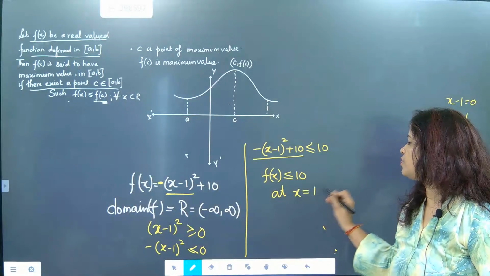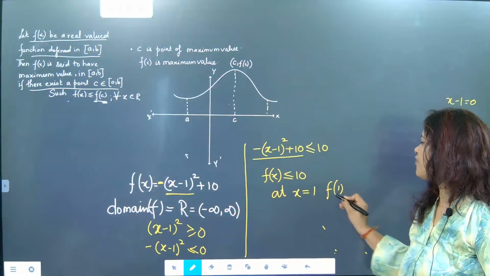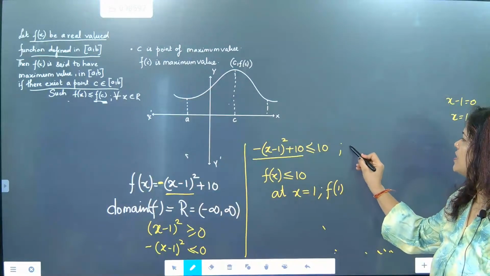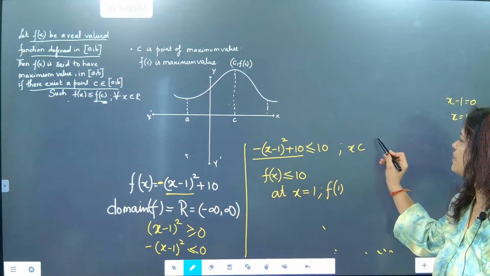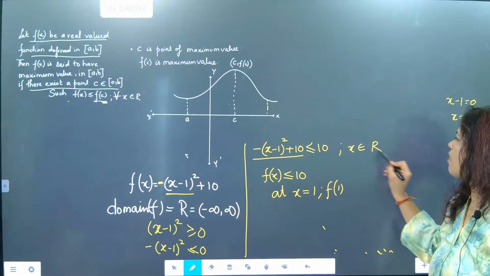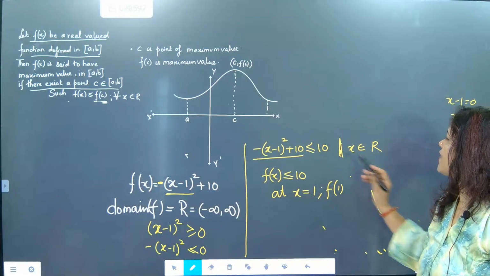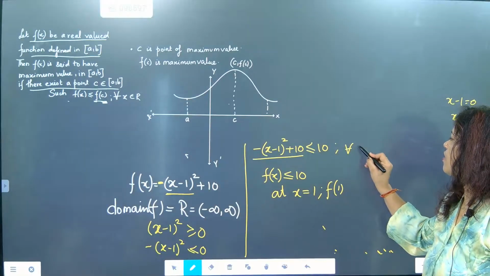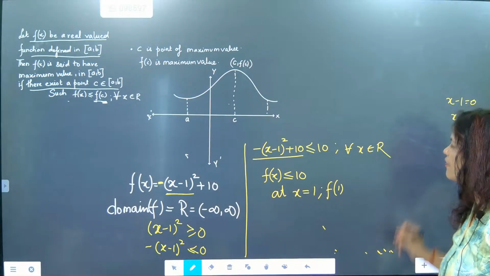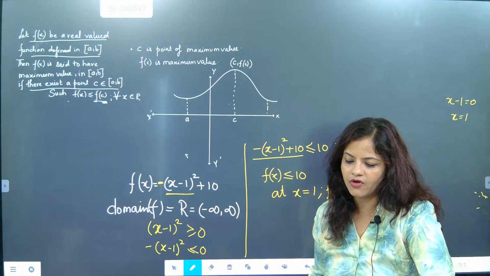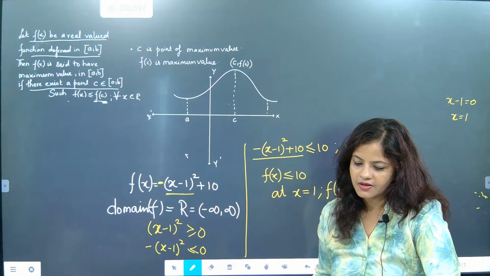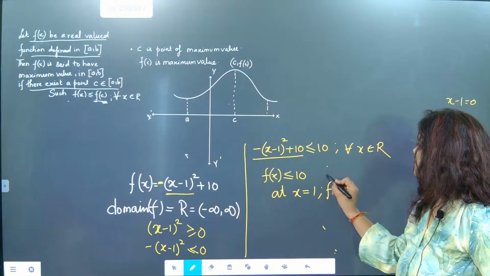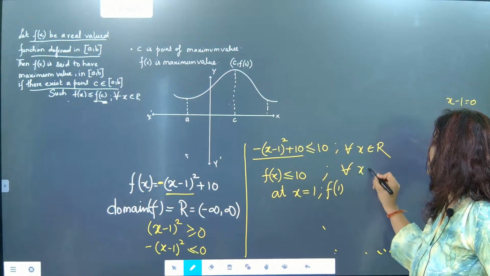So at x equal to 1, f of 1, everything is defined for all x belonging to the set of real numbers.